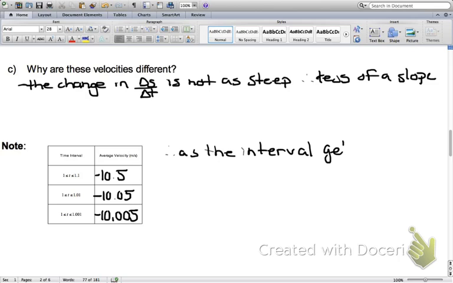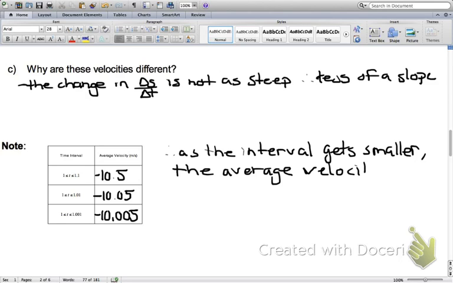gets smaller, the average velocity approaches negative 10 meters per second.